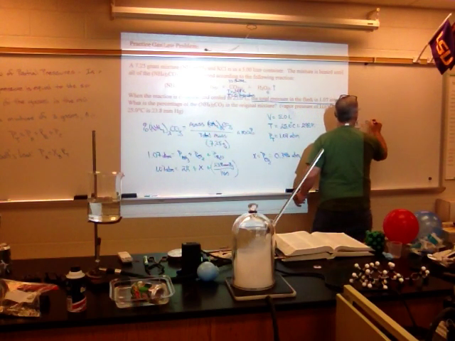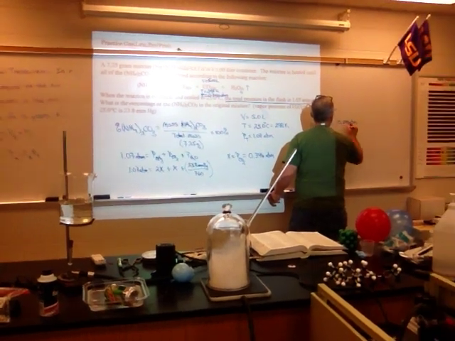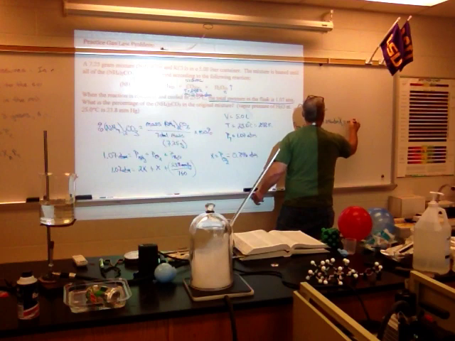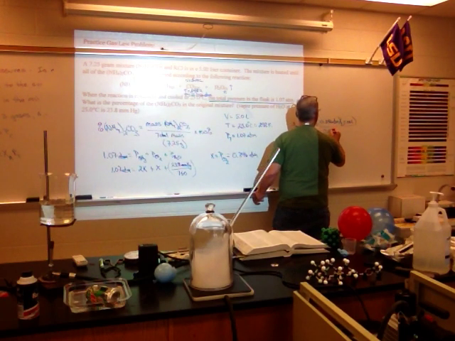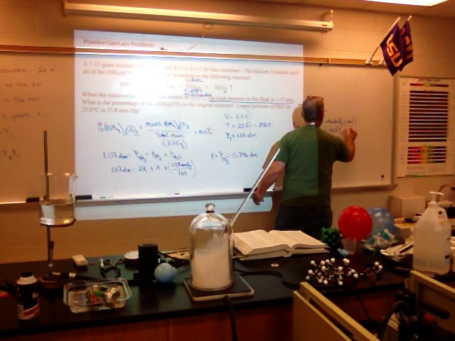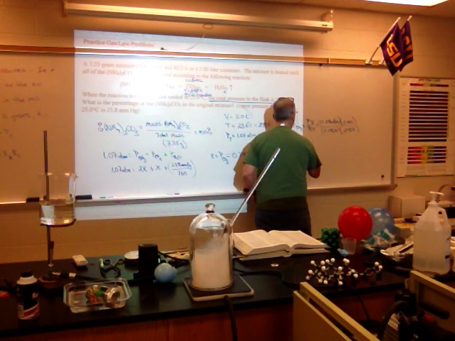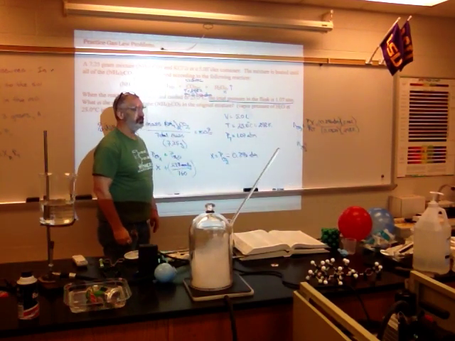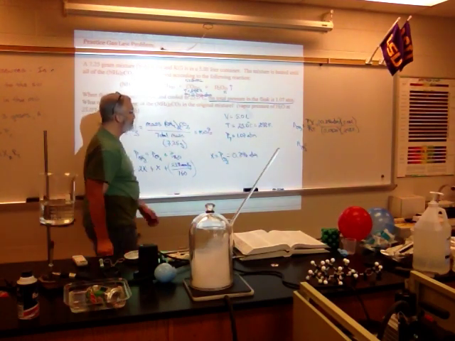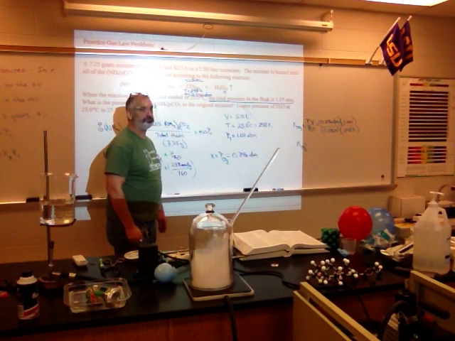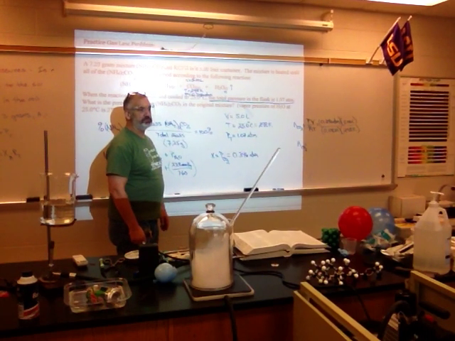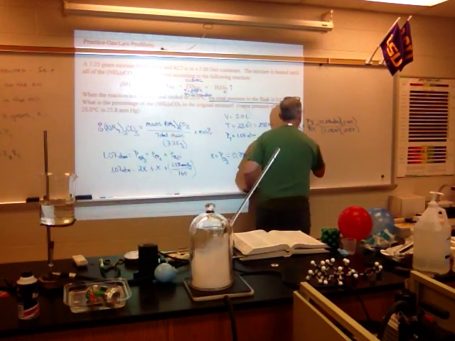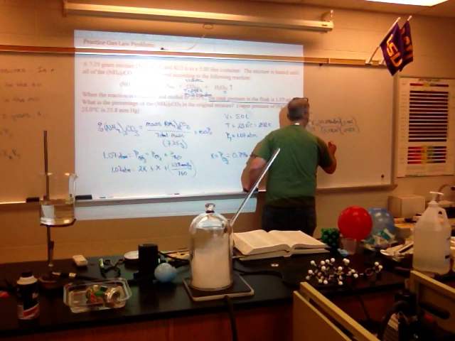So it's going to be the pressure, 0.346, times 5 liters, divided by 0.0821, times 298. So moles of CO2 is 0.0700 moles of CO2.